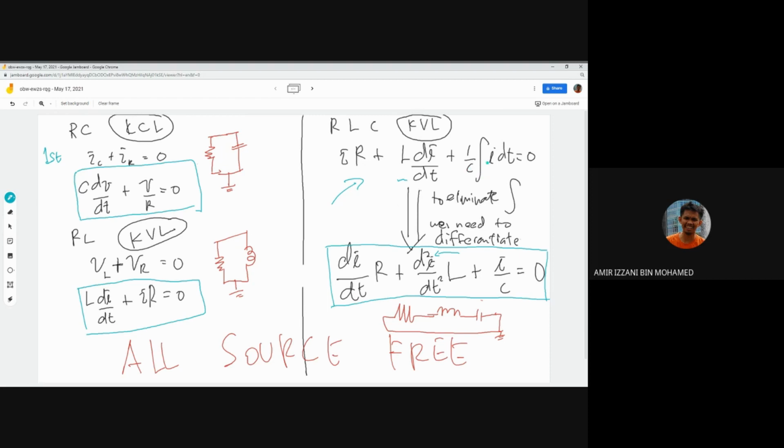So in order to eliminate this integral, we finally get only a differential equation. We don't want to mix differential and integral equations. So that's the reason this is first order when we only have RC and RL. When we have all three, RLC, it will be a second order differential equation.